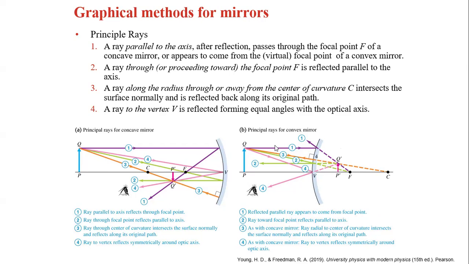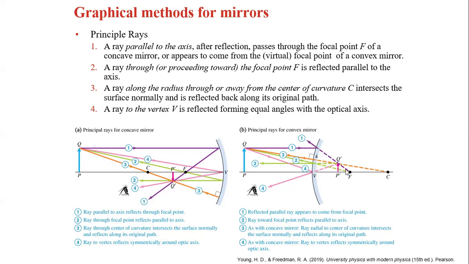The ray is parallel to the axis and it reflects, but it appears to come from the focal point.